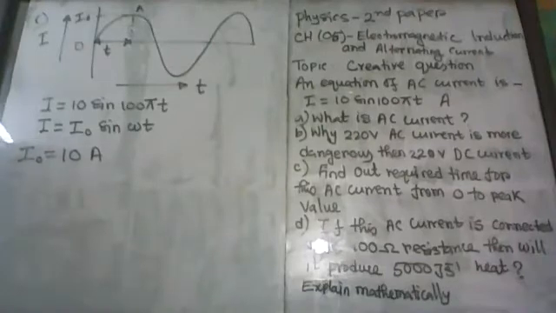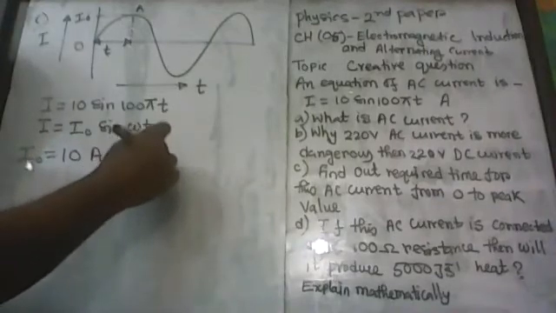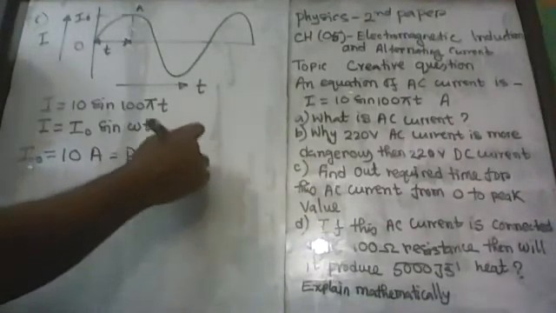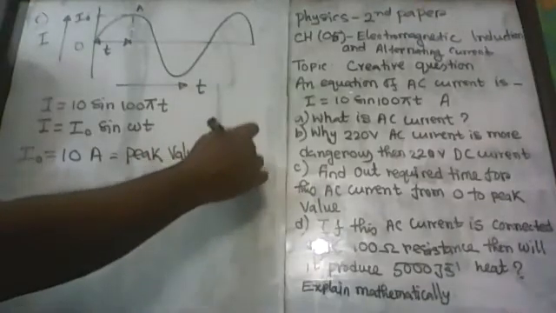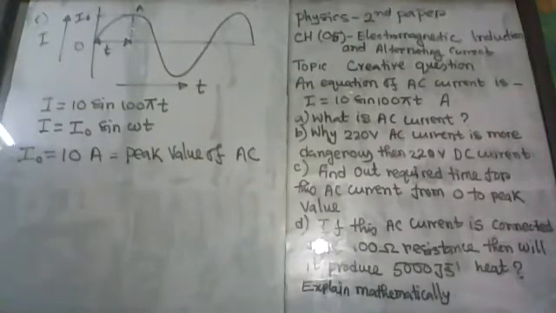So this is the peak value, or maximum value, of the AC current, which is 10 ampere.